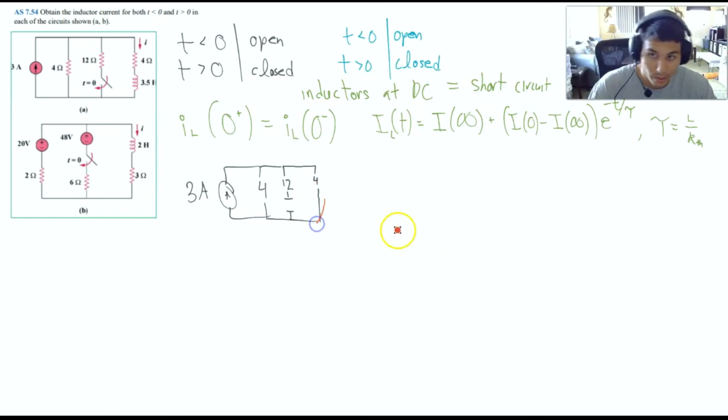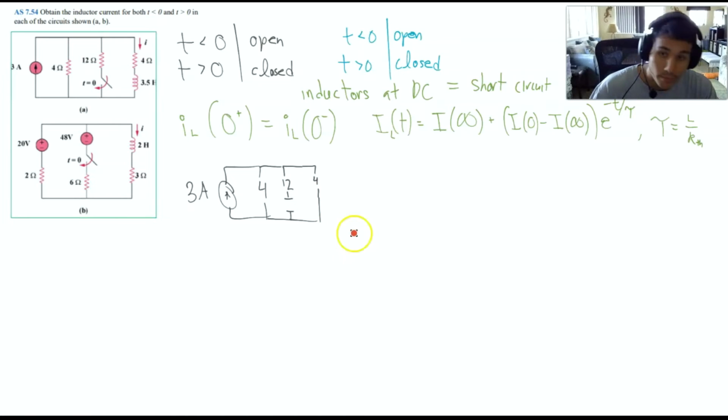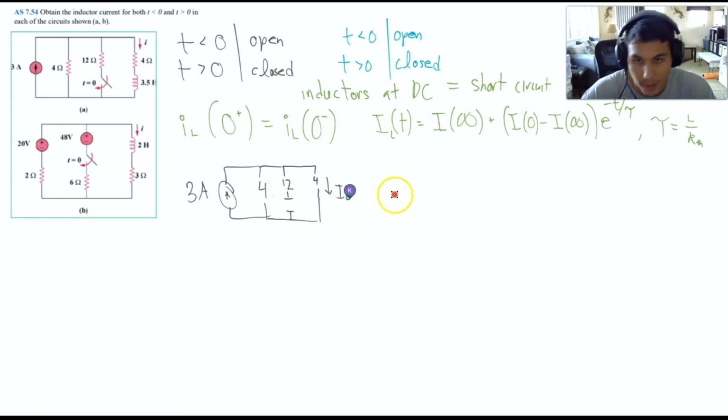I can just connect the wire. Okay, and then we know that coming down here is IL. So 3 amps goes in, and 3 amps splits between this and this. So we have 4 resistance here, and we have 4 resistance here. None of the current is going to go here because this is open anyway, so it can't travel down here. So the current's getting evenly split between 4 and 4.